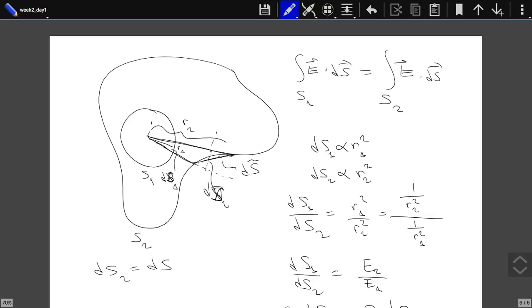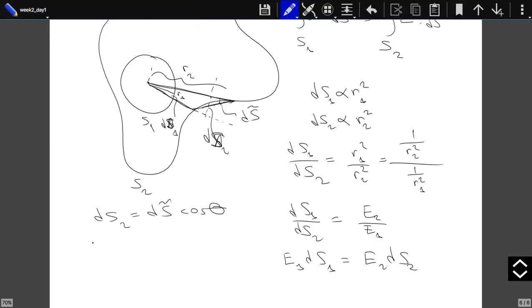ds2 is equal to ds tilde times cosine of some angle. Well, that angle is this angle over there. Now, E2 times ds2 is equal to E2 times ds tilde times cosine theta. But this is equal to E2 dot ds tilde vector.